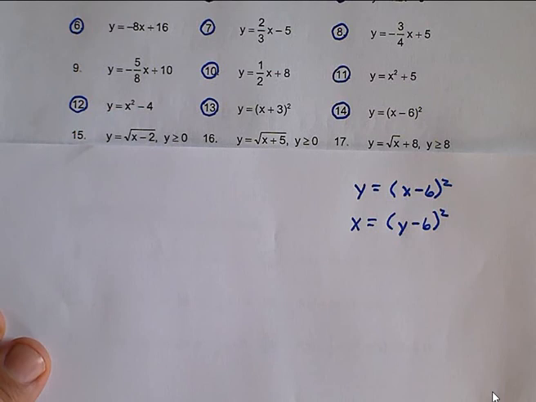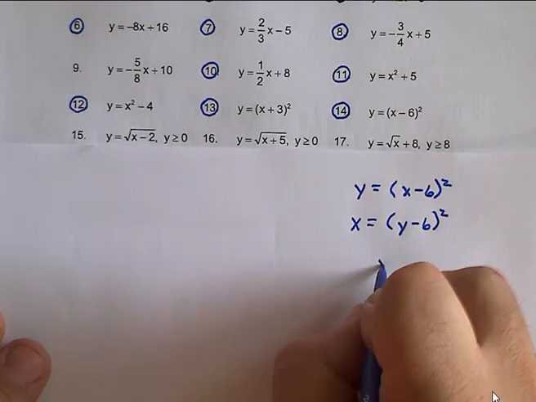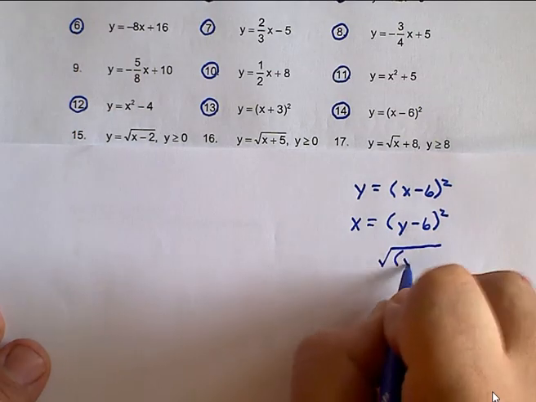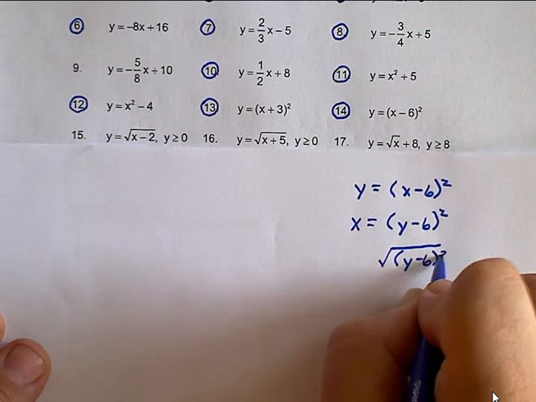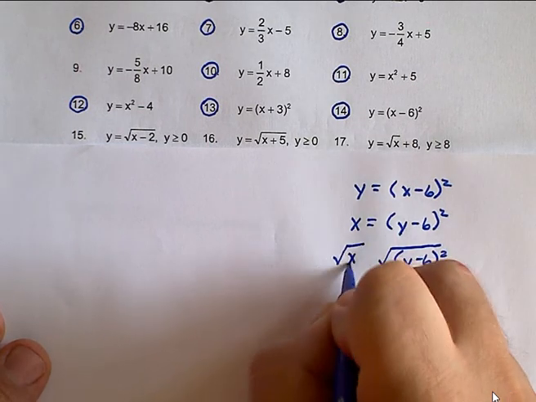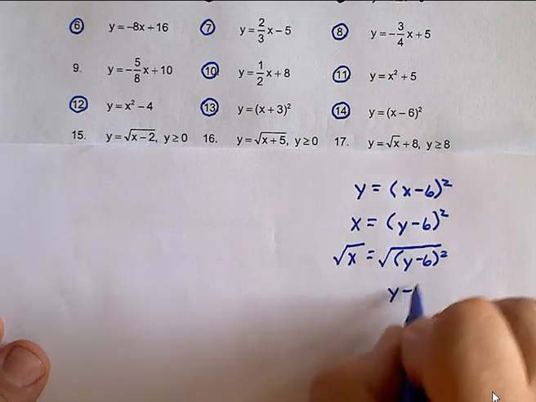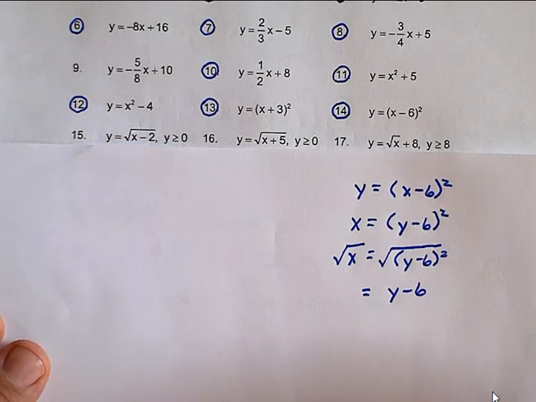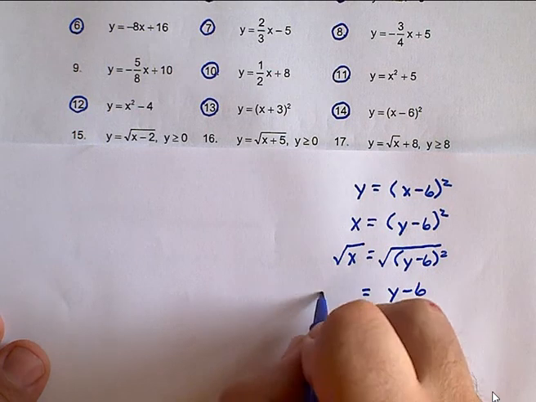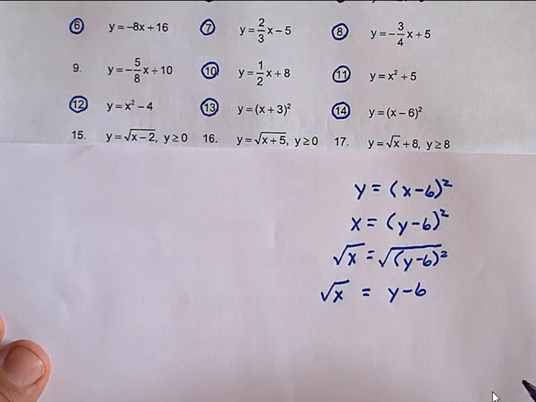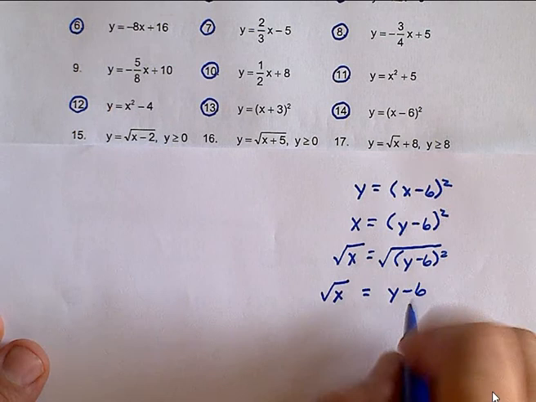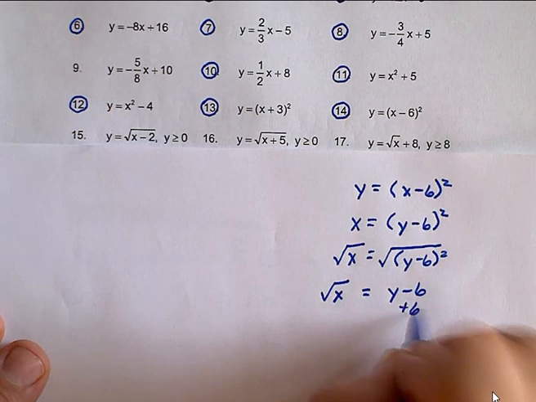So to undo a square, you need to square root both sides. So the square and the square root cancel. On the right side, you're just left with y minus 6. On the left side, we've got square root of x. To finish the problem, I'm going to add the 6 over.